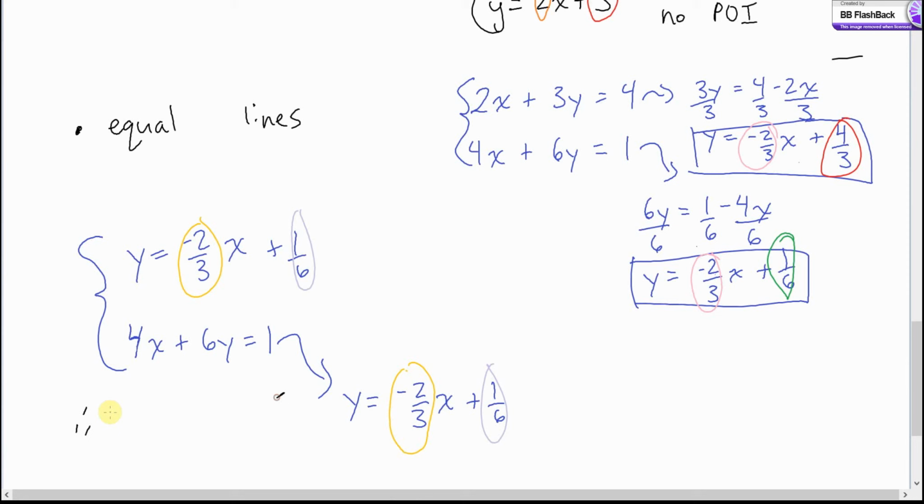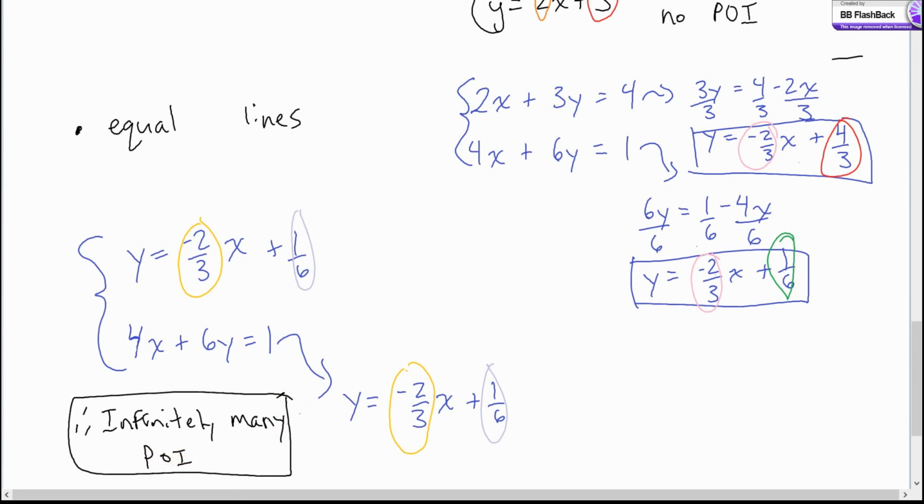So we say infinitely many points of intersection. Okay, I hope that helps to make sense of the idea of parallel lines and equal lines and intersection of lines.